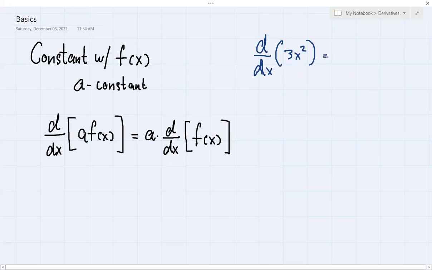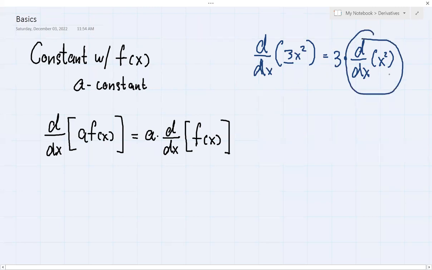So, anong gagawin? Okay, kapag meron tayong constant at meron tayong function na algebraic, what to do? So, first, copy the constant, which is 3. Then, kunin mo yung derivative ng katabi niya, which is x squared. Okay? Ganun yung gagawin mo. Okay? That's it. So, copy the constant, then kunin mo yung derivative ng katabi niya.